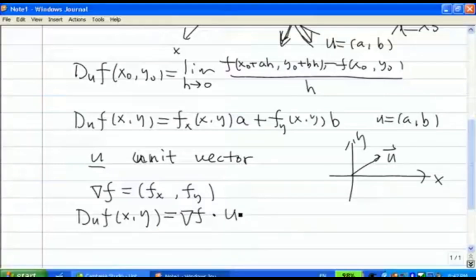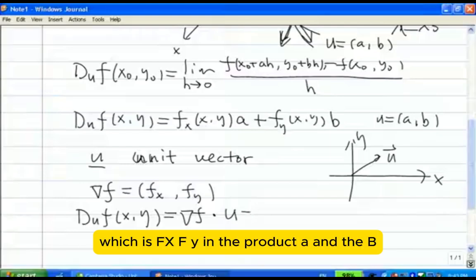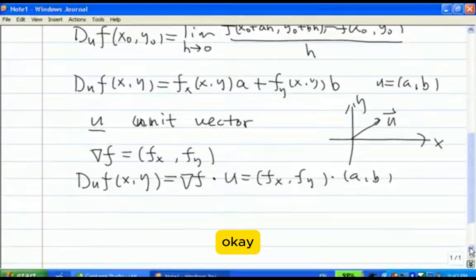If you forget about the dot product, go back and review. Which is (f_x, f_y) inner product (a, b).